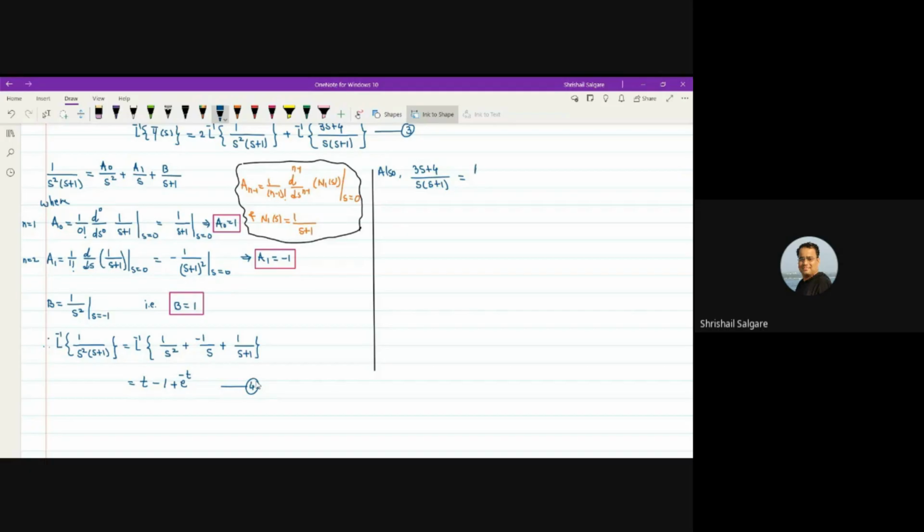So both are non-repeated. I will write A upon s plus B upon s plus 1, where this A is given by 3s plus 4 divided by s plus 1, and the value of the function at s is equal to 0. And if you substitute, calculate A and tell me.